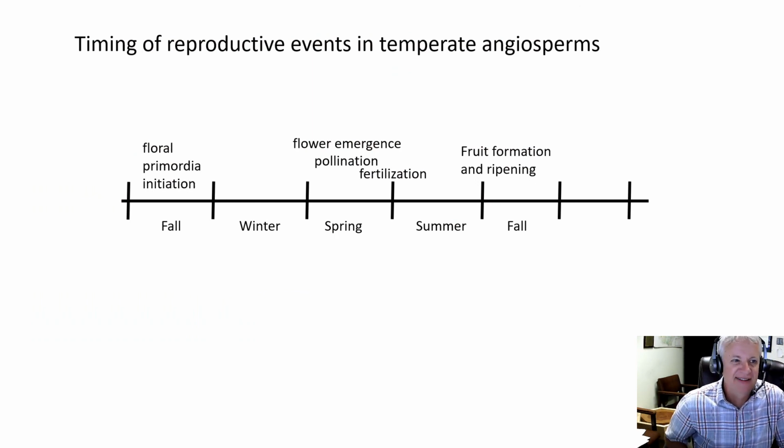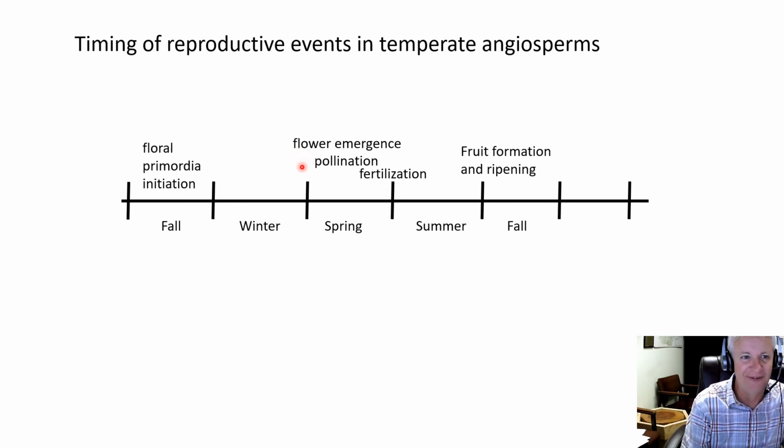So let's talk about the typical timing of reproductive events in angiosperms. Typically, floral primordia are initiated in the fall, and those primordia overwinter in buds and then emerge as flowers in the spring.